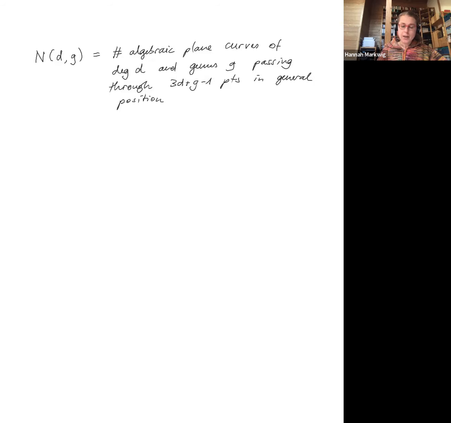And on the tropical side, we convinced ourselves that 3D plus G minus 1 points is indeed the right number of points to obtain something 0-dimensional, something finite, not like a higher dimensional family of curves satisfying those conditions, but really something finite. Then on the tropical side, we studied the analogues of degree and genus. And for the degree, it was the number of ends in the 3 special directions.